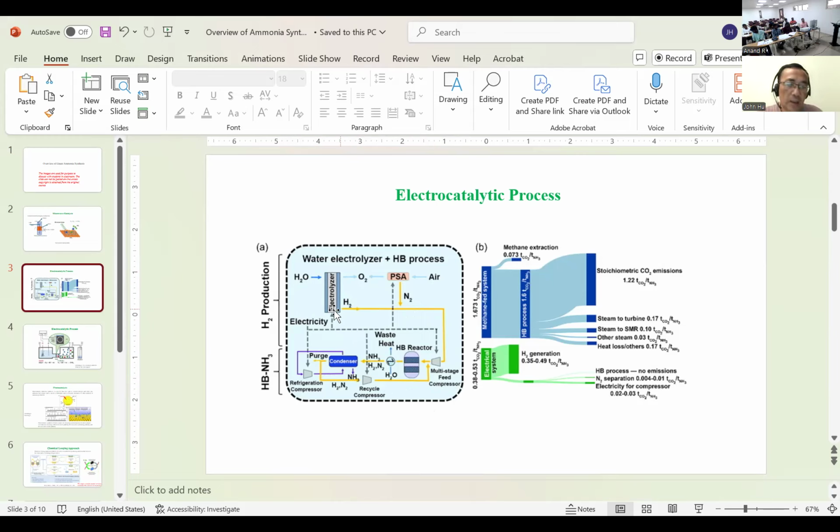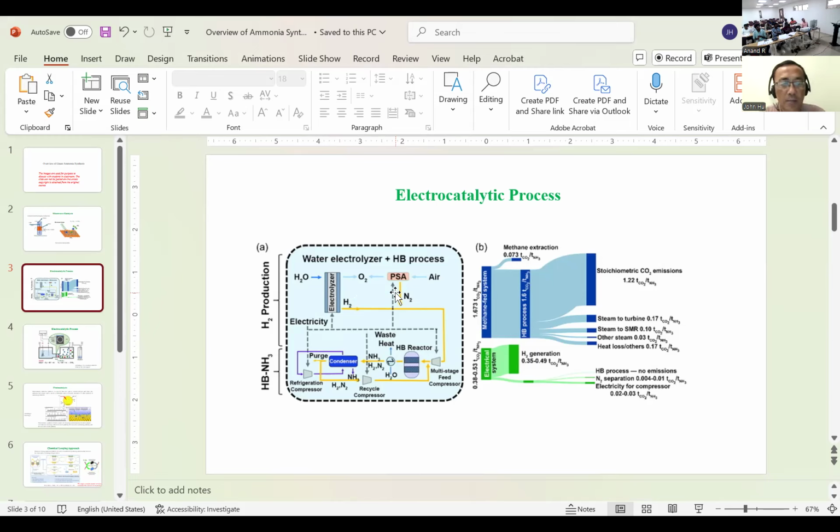But the downside or the disadvantage of this, remember we said the electrolyzer is difficult to scale up, the cost of the hydrogen, and also the supply of the catalyst, which is, what do you call that, iridium. There's a limited supply in the world unless somebody else finds a reserve.